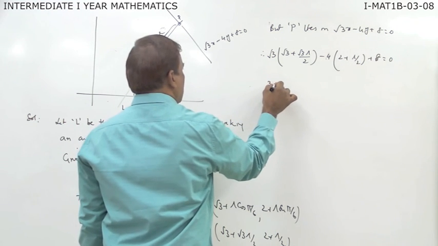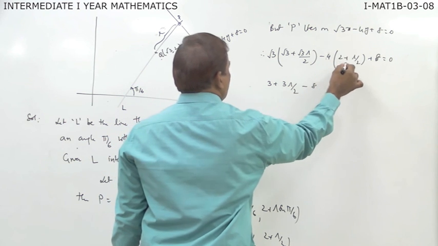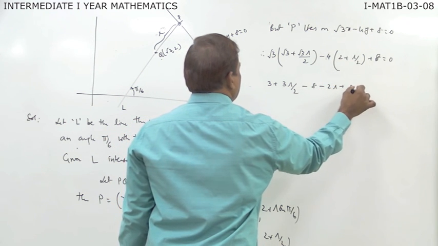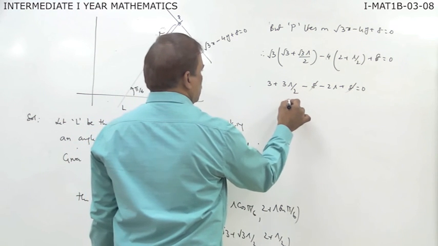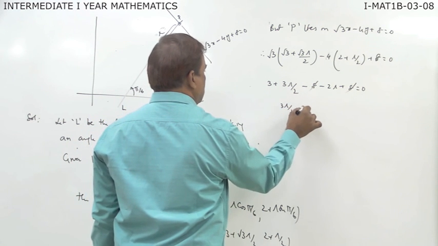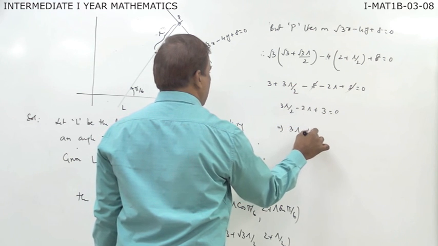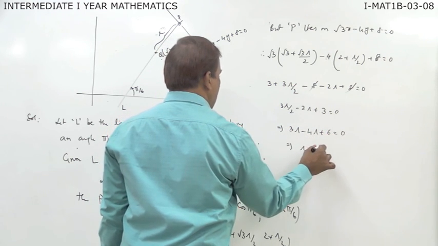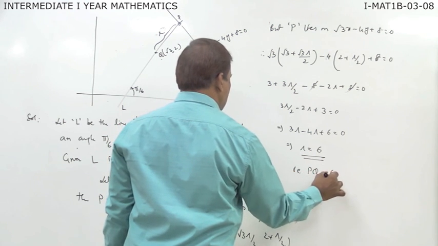This is 3 plus 3R by 2 minus 8, minus 4R by 2 is minus 2R, plus 8 is equal to 0. 8 and 8 get cancelled. So this is 3R by 2 minus 2R plus 3 is equal to 0. This is 3R minus 4R plus 6 is equal to 0. This gives R is equal to 6. That is PQ is equal to 6.